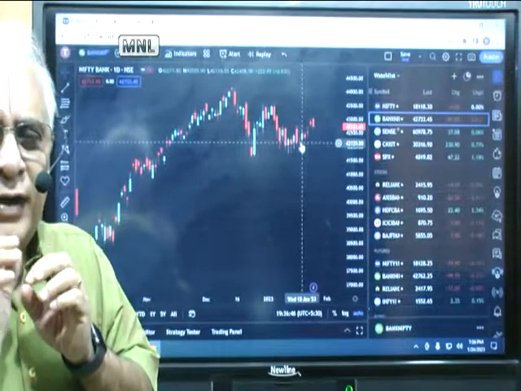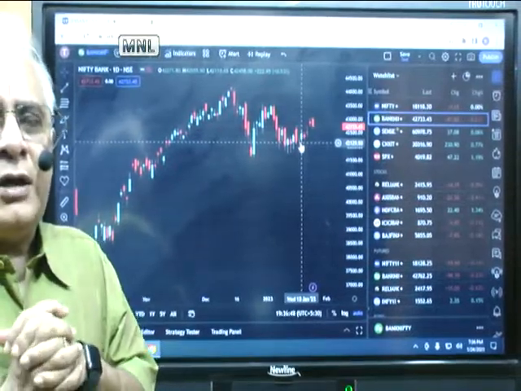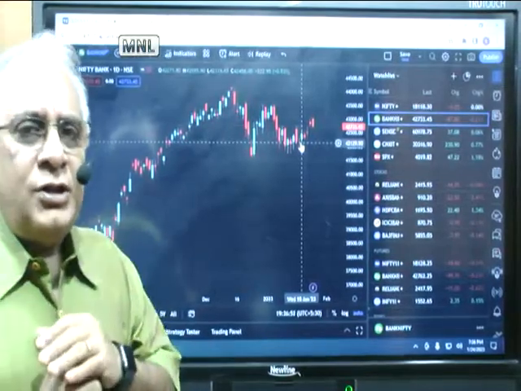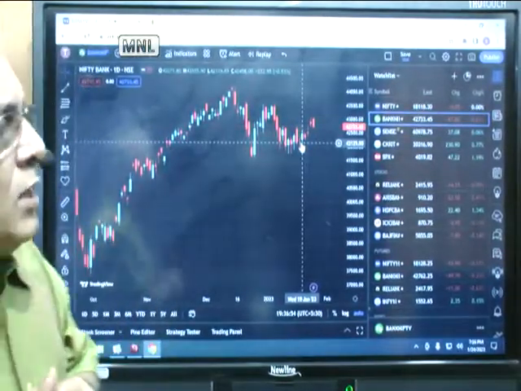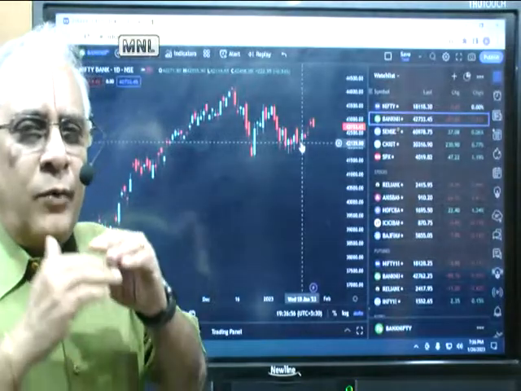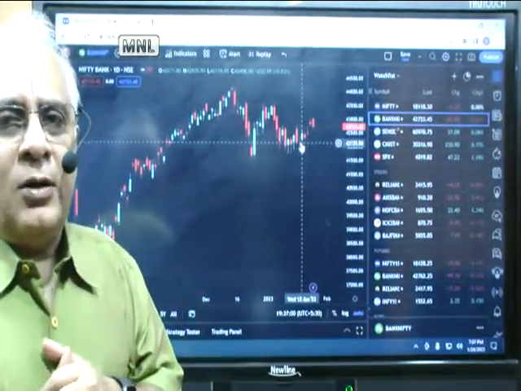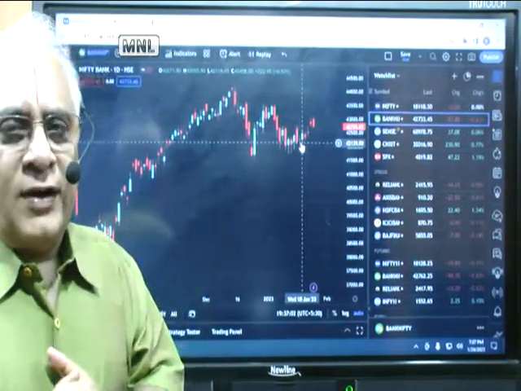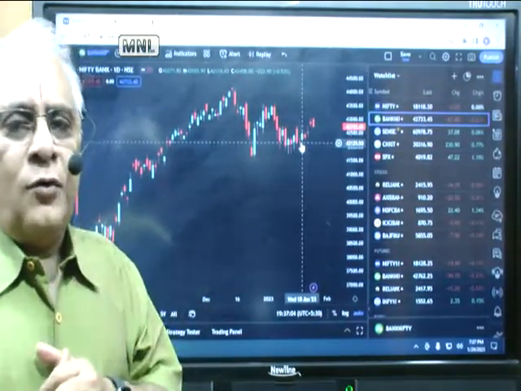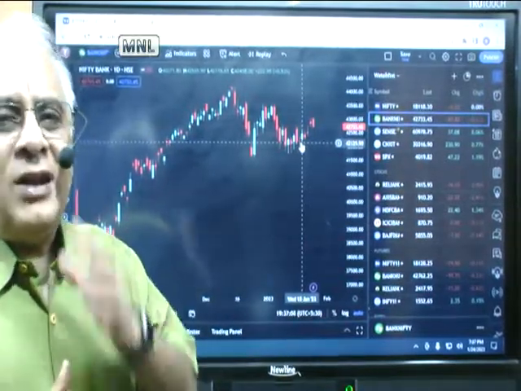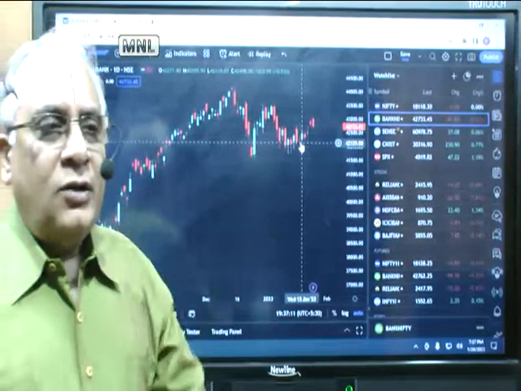So 42,555 is an important support because it was earlier resistance. There was some hesitation around that. So now, going by the support resistance formula, we are getting 42,555 also as an important level. So buy closer to 42,555, put in a stop loss below 42,400 or so. If it goes up, 42,925 is going to be a sell. So it's an interesting thing.